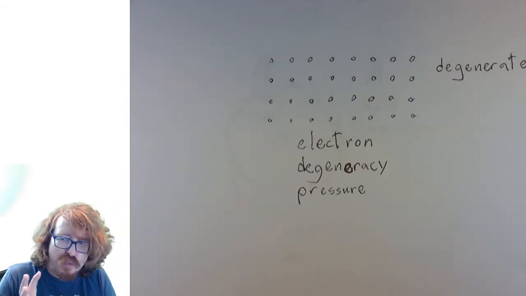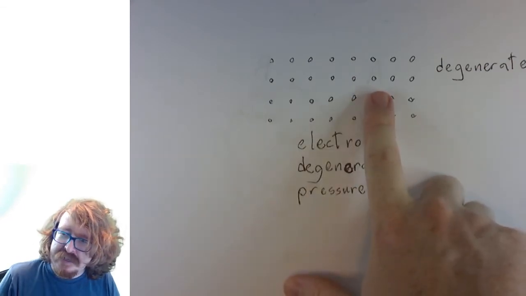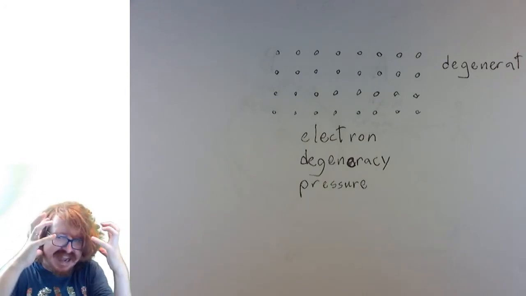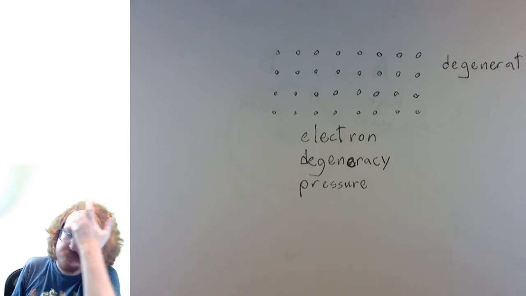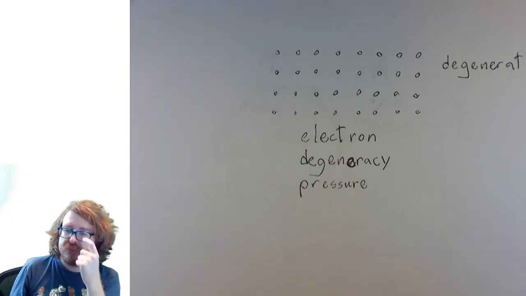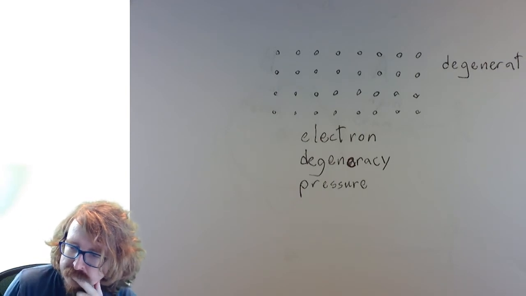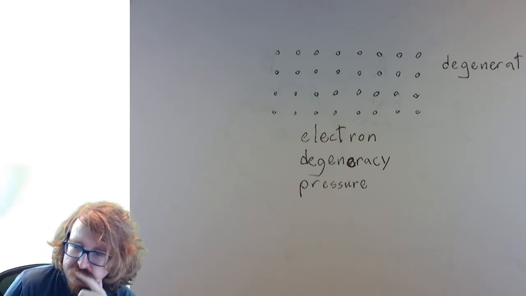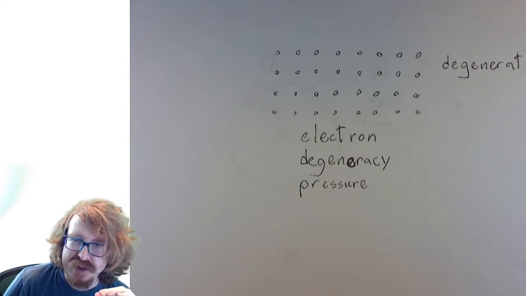And if you squeeze tighter, what would happen to the size of this grid? Remember, imagine it's like little springs between them. It would get smaller. That's correct. It would shrink.